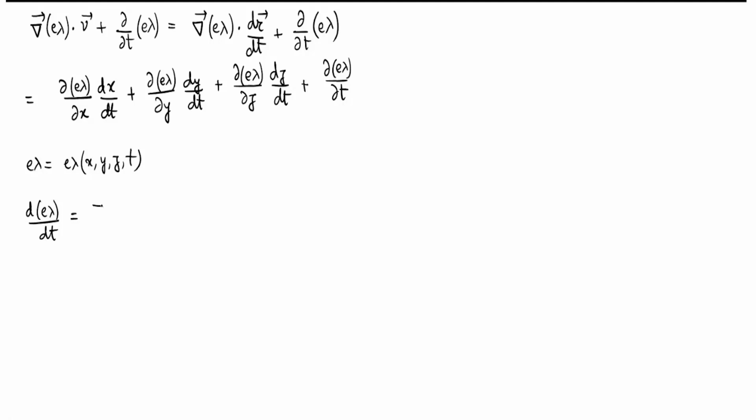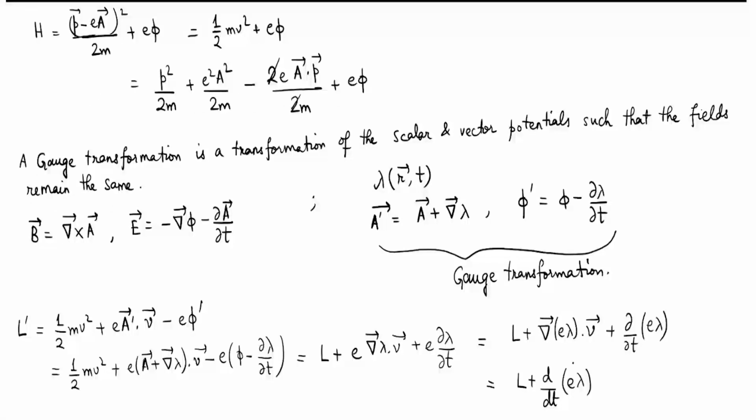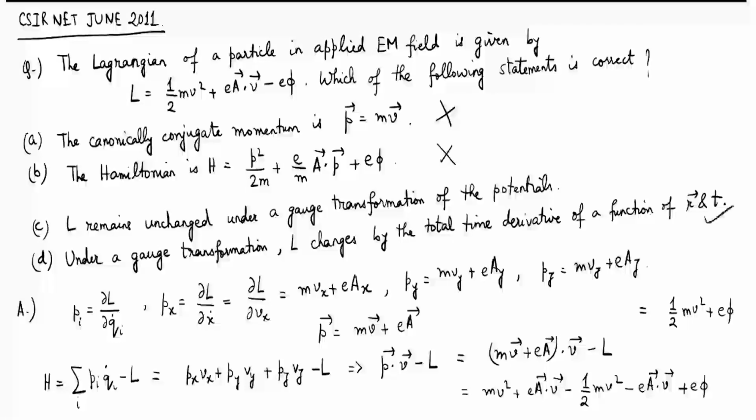So this is grad of E lambda dot dr dt plus del del t of E lambda. So this Lagrangian under a gauge transformation will be changed by the total time derivative of a function of r vector and t. So your answer will be D. This is the correct answer.